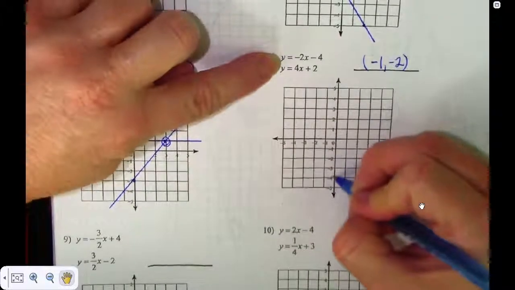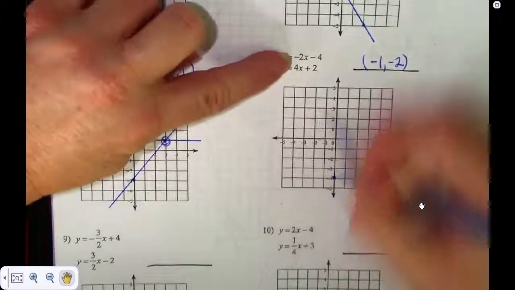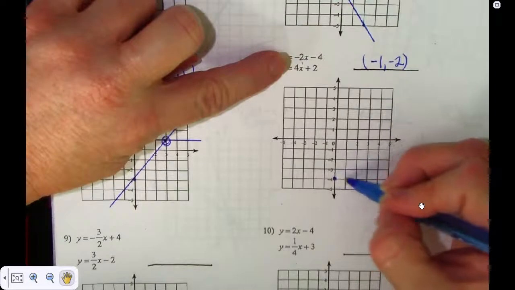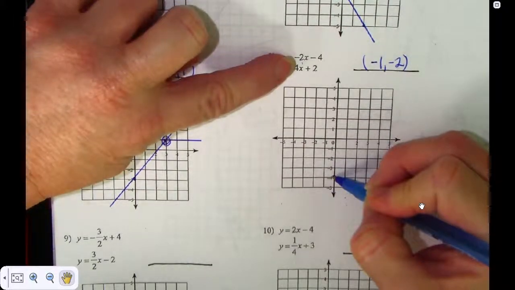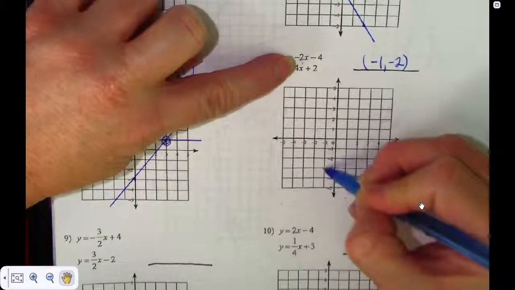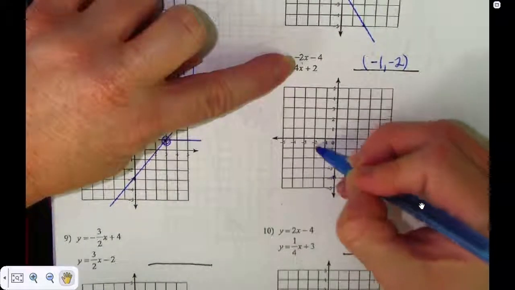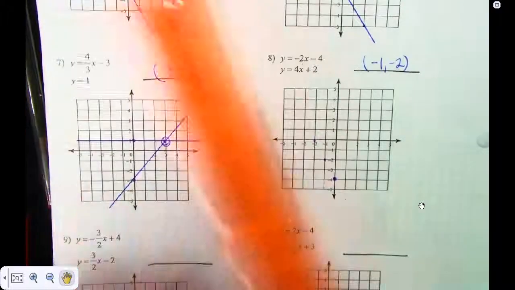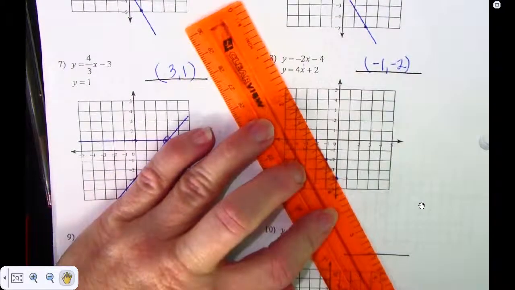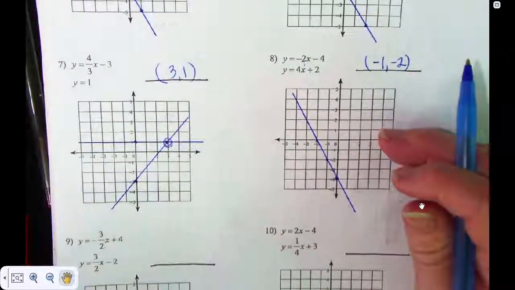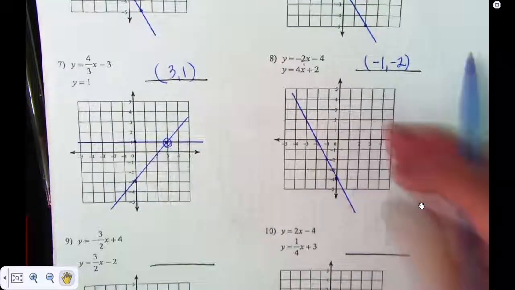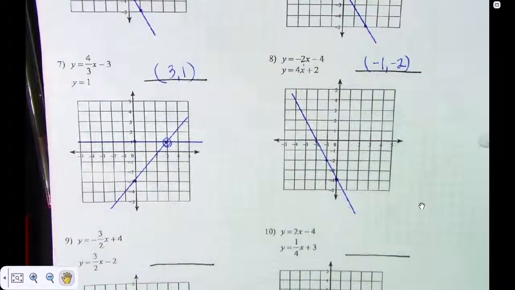So I'm going to start at negative 4. Negative 2 over 1. Uh-oh, I can't do that. So I'm going to move my negative downstairs. Sometimes that happens. Negative 1, up 2. Guys, don't just keep going. Just put your 3 points on there and stop. I know it's tempting, because you see all of it and you just keep going.